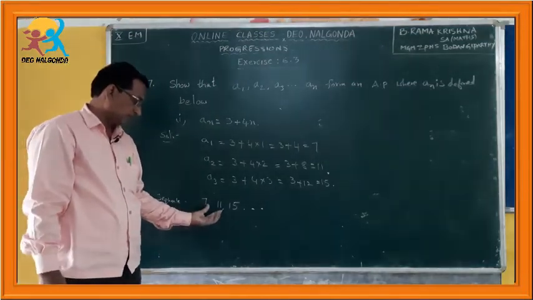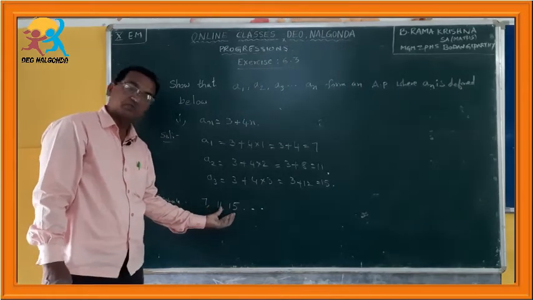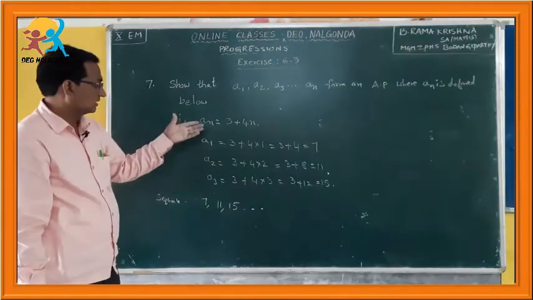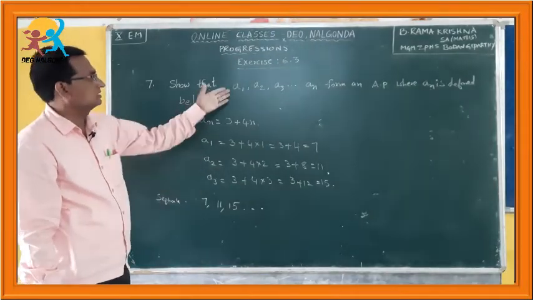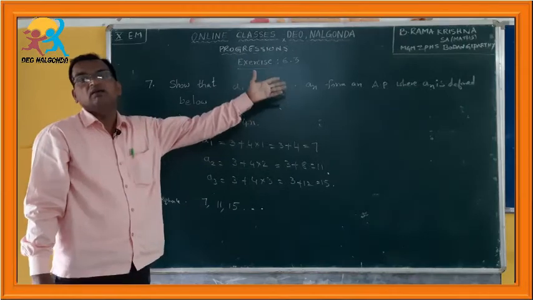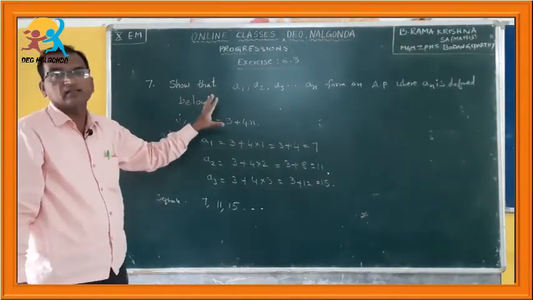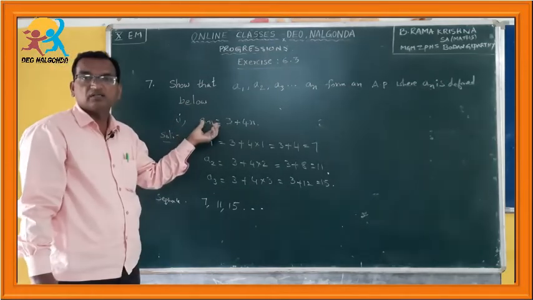You have to find the difference between these two terms and these two terms. If they are equal, then you can conclude that these terms A1, A2, A3 form an AP.